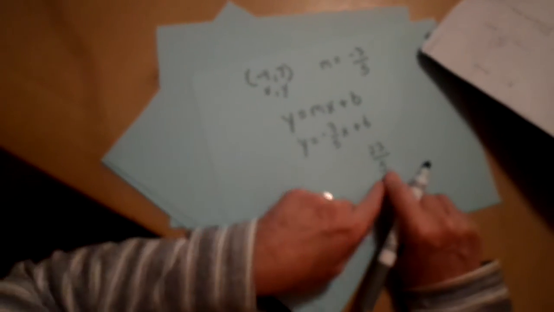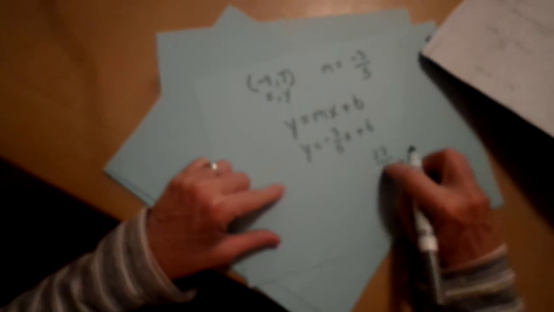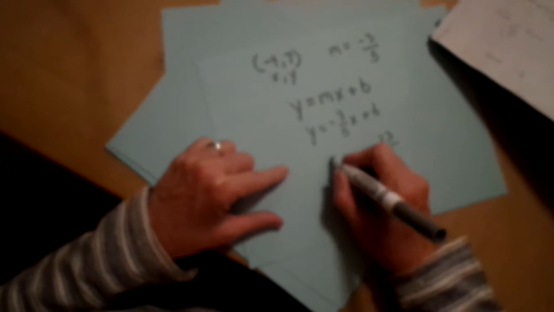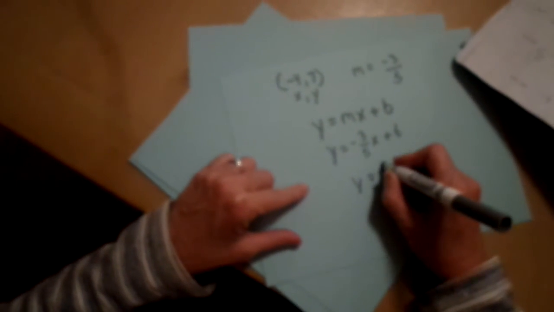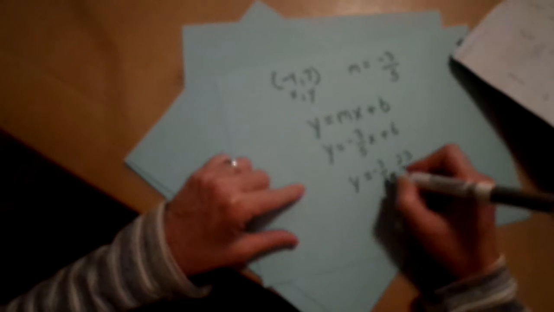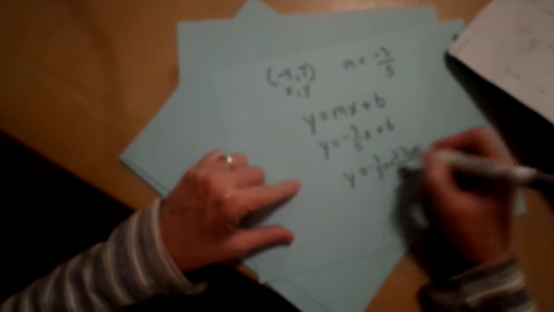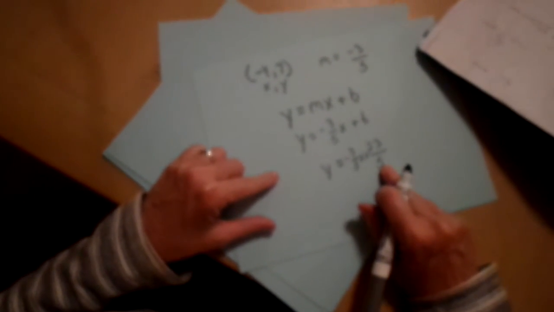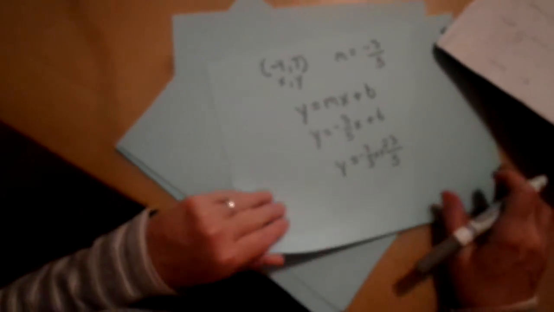It's okay to leave it as an improper fraction. Once you've found that, you would rewrite the equation of the line as y equals -3/5 x plus 23/5, and you can leave it like that. So that's how you find those two equations of the line.